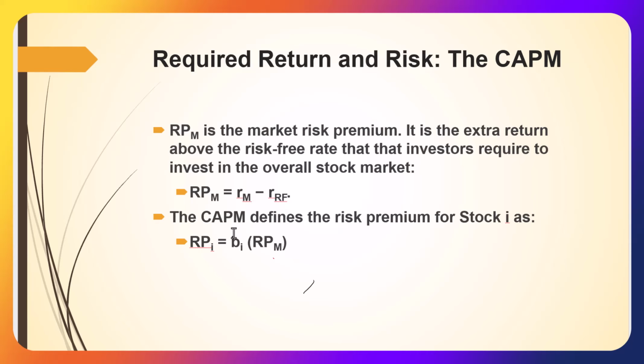Now, the capital asset pricing model defines the risk premium for stock I, for instance, as the market risk premium multiplied by the beta. So the risk premium is what we get paid above time for investing in risky things. And each asset has its own risk premium. That is the market premium multiplied by the asset beta.